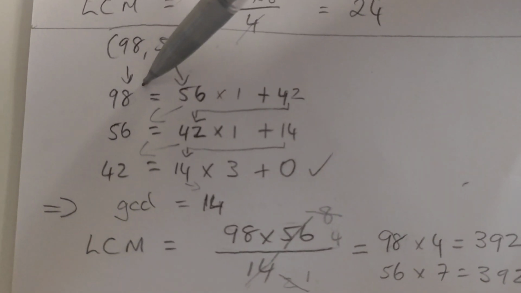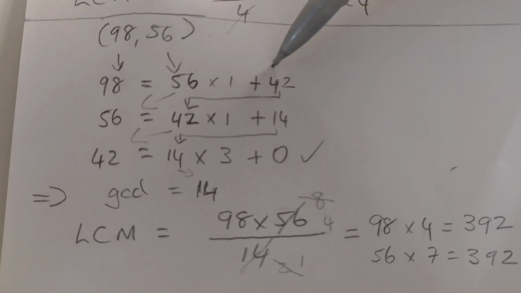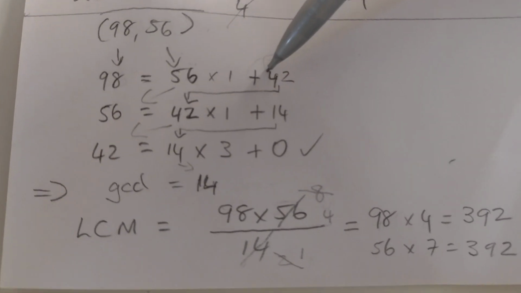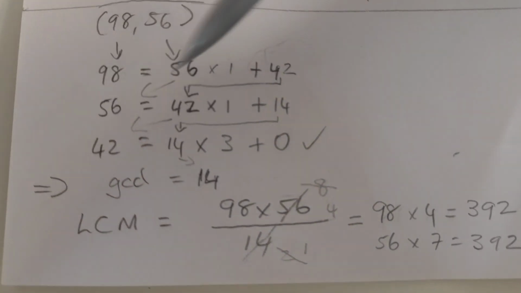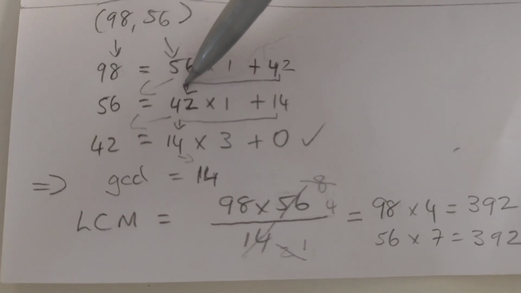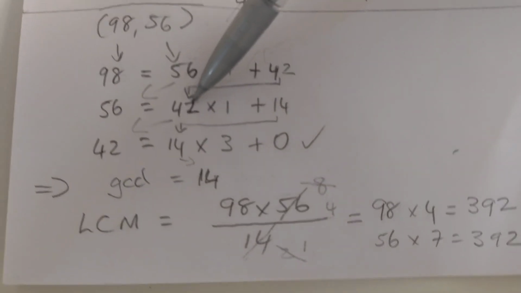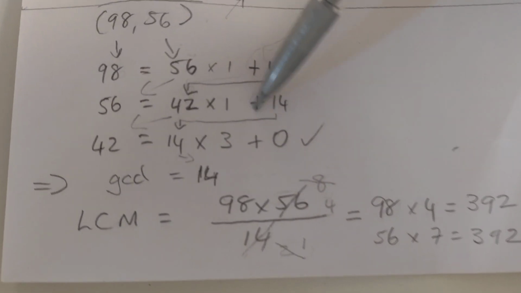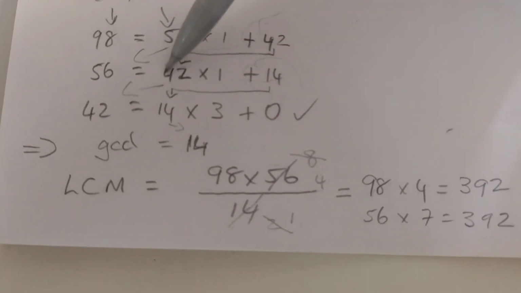We take 98 and we say that's 56 multiplied by 1 plus an additional 42 that would need to be added on. Then we take the second number, which is 56, and with this 42, how is that made up? It would be 42 multiplied by 1, and we would have to add 14. So we then take that down.